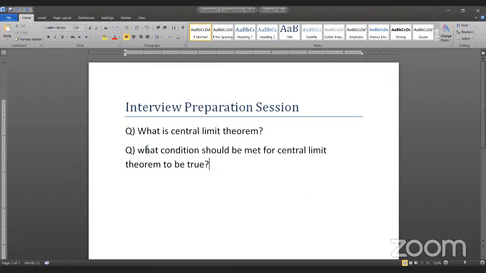So what are the different conditions that should be satisfied for central limit theorem to be true?